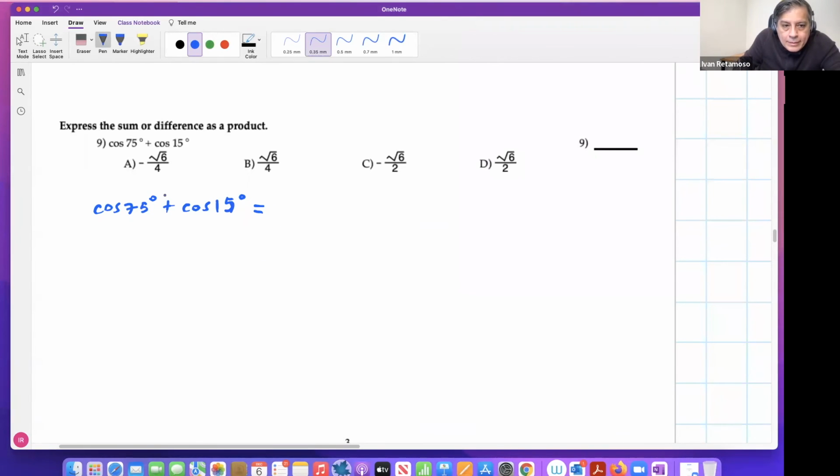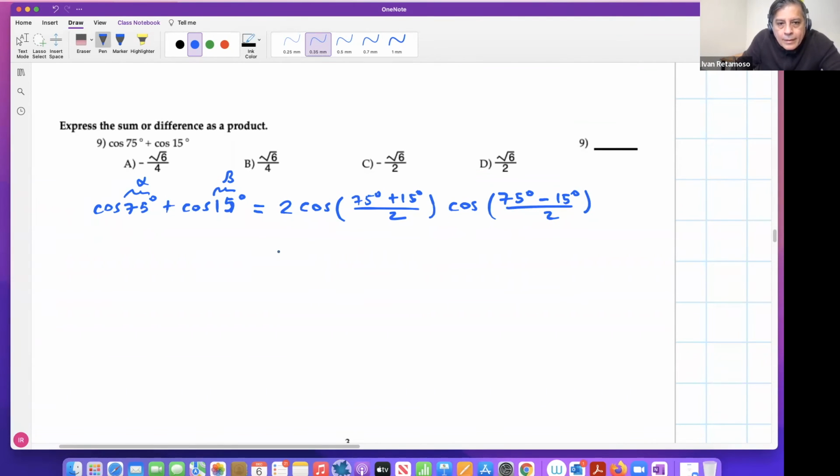So you set this to be alpha, this to be beta. So you will get 2 cosine of alpha plus beta over 2, 75 degrees plus 15 degrees over 2, multiply by cosine of alpha minus beta, 75 degrees minus 15 degrees over 2, right?